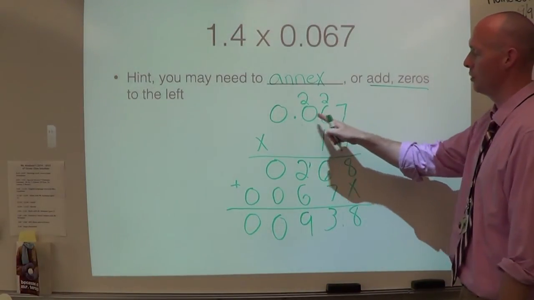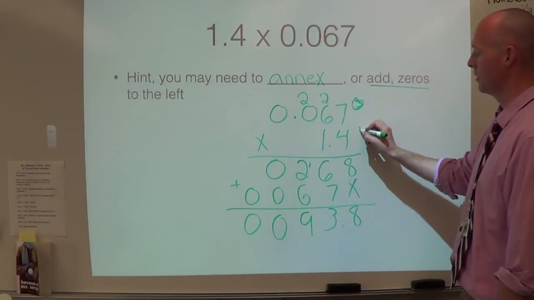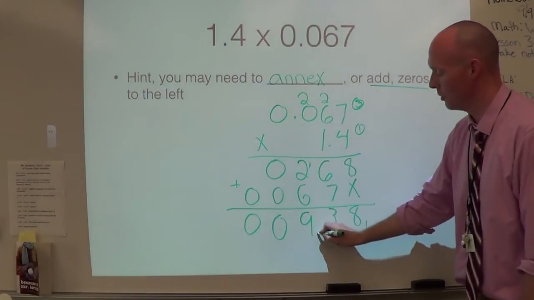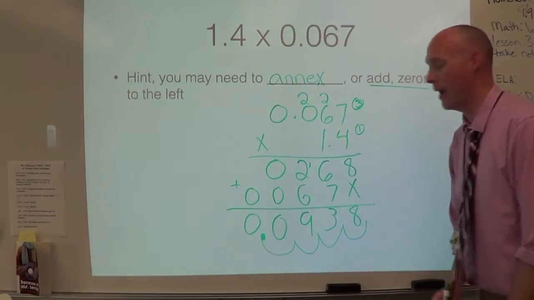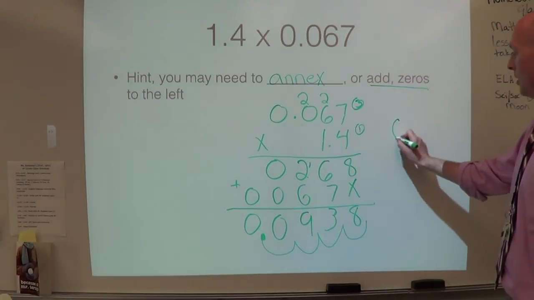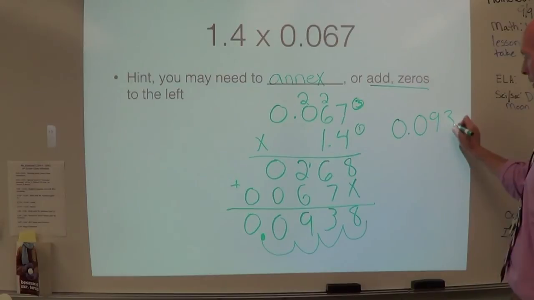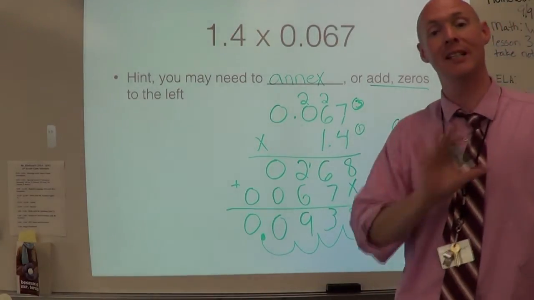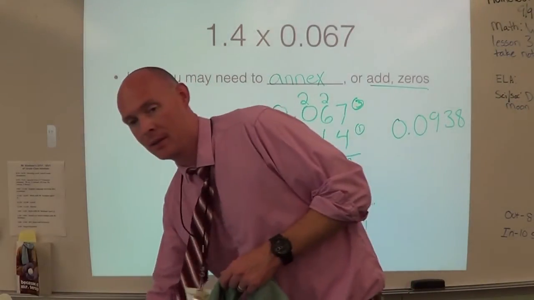I see 1, 2, 3 places, plus 1 place. 3 plus 1 is 4, so we need to move 1, 2, 3, 4. Okay, so there's my answer: 0.0938. In this case, we did not have to annex zeros, but I got a challenge for you.